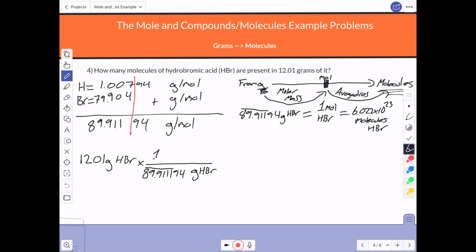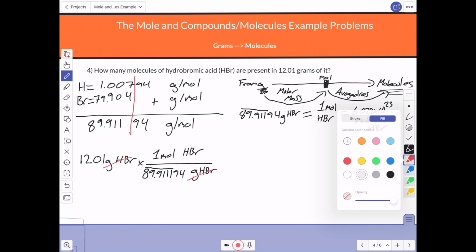We place 1 mole of HBr on top. We know those two cancel out. That can be done with this part of the conversion factor.